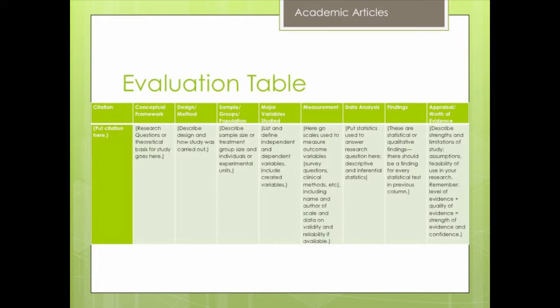And then, of course, the findings, and then the appraisal of its worth. That, again, is based on how the study was done and designed, but also the hierarchy of evidence can be brought in as well. And so this table of evaluation, which I printed out for you and created into a grid that you can adapt to your field and your specific situation, will hopefully help students organize information.